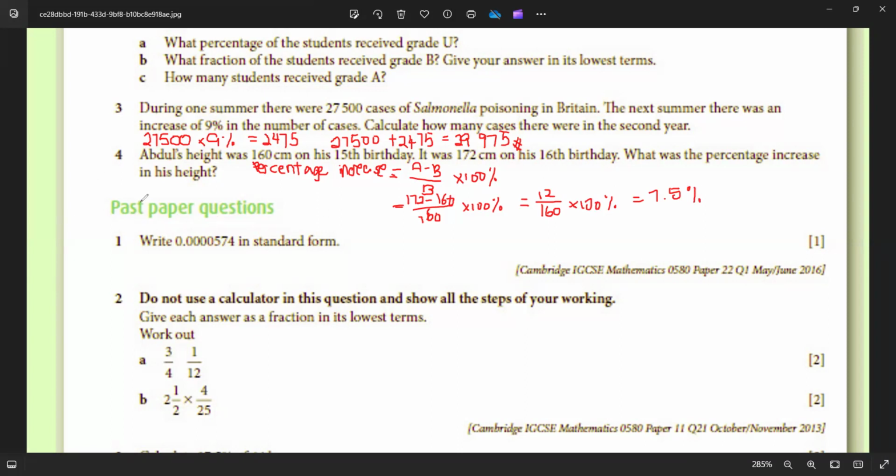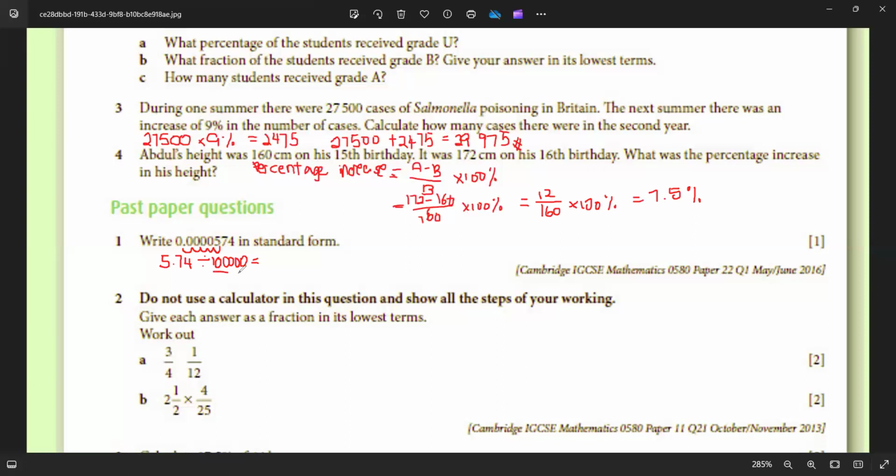Now, past year questions. Question number 1. Write 0.0000574 in standard form. So when we move the decimal, 1, 2, 3, 4, 5. So it's 5 steps, so we can write 5.74 divided by 10 to the 5.